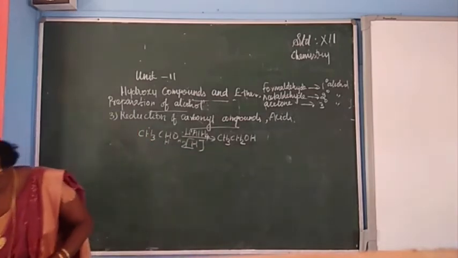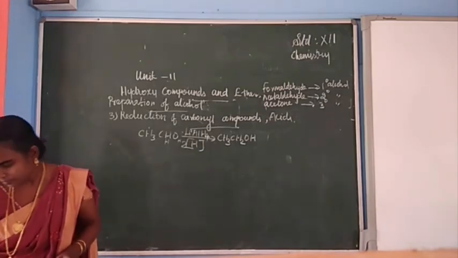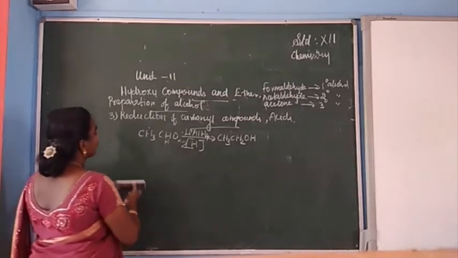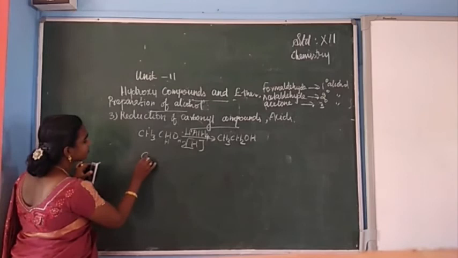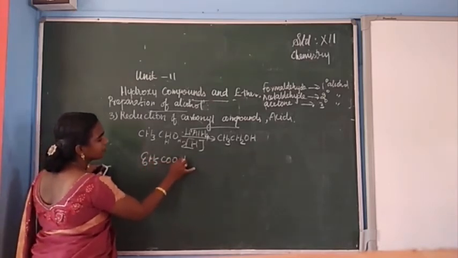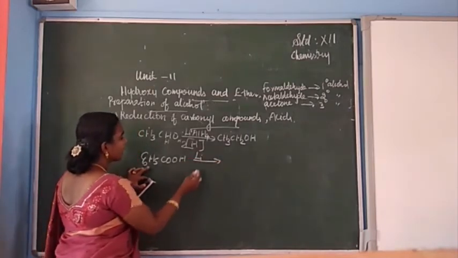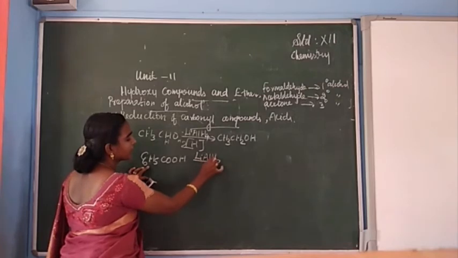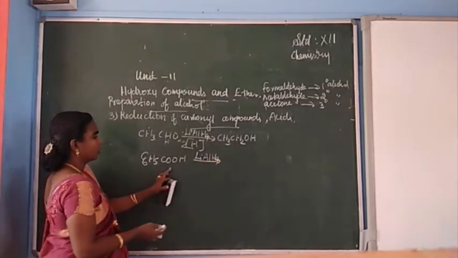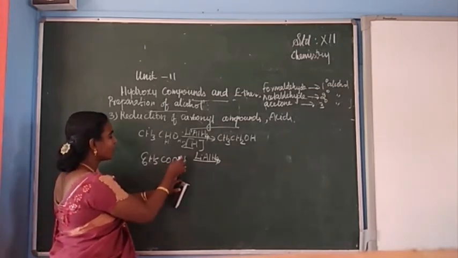Next example we can see, C6H5COOH. When we are using the reducing agent lithium aluminium hydride, the first step is removal of oxygen.